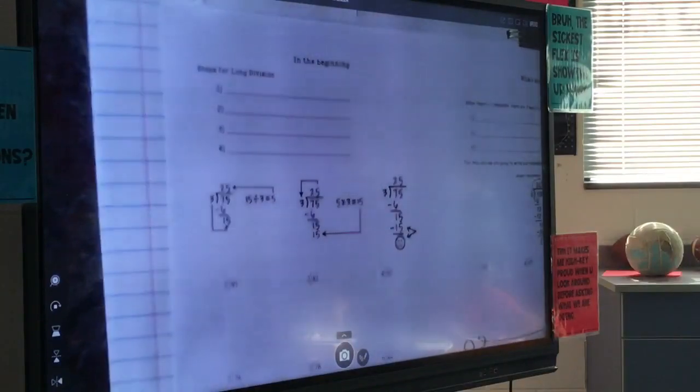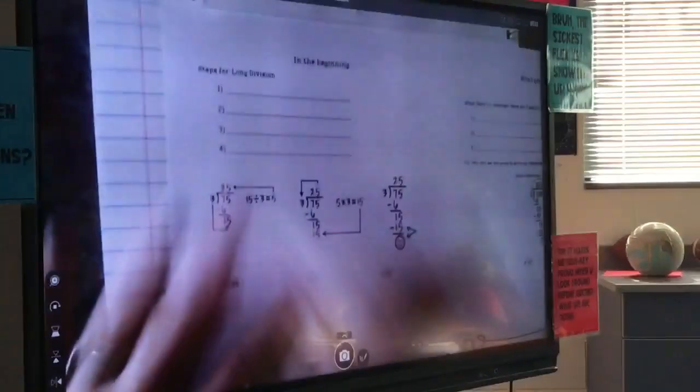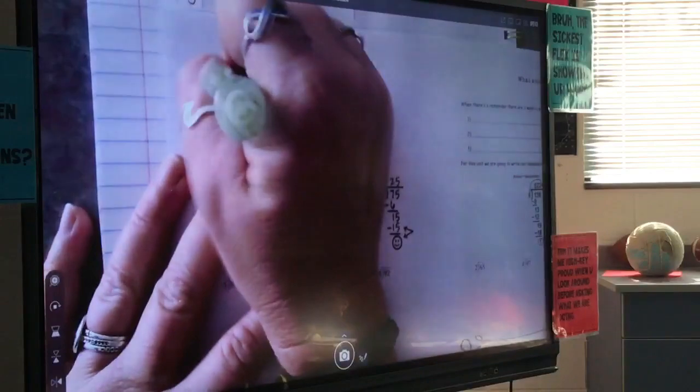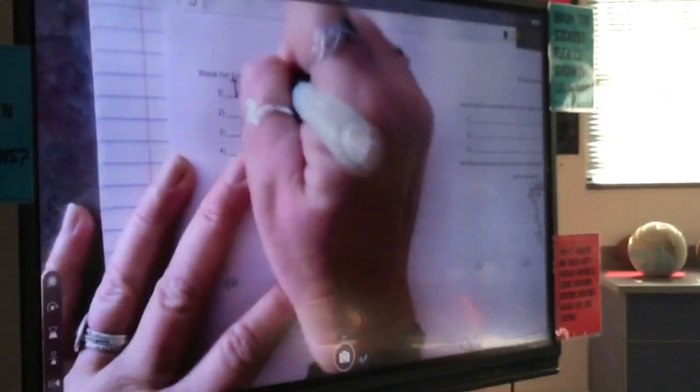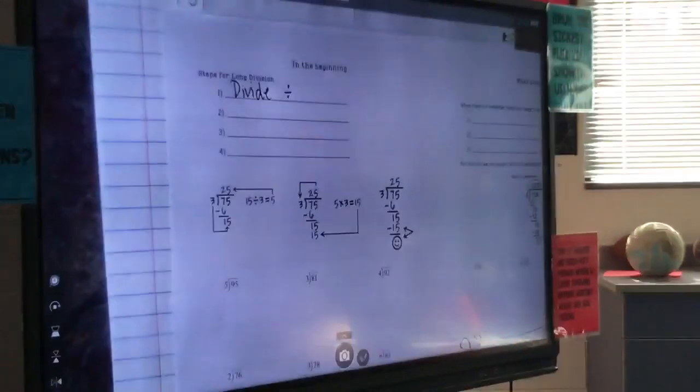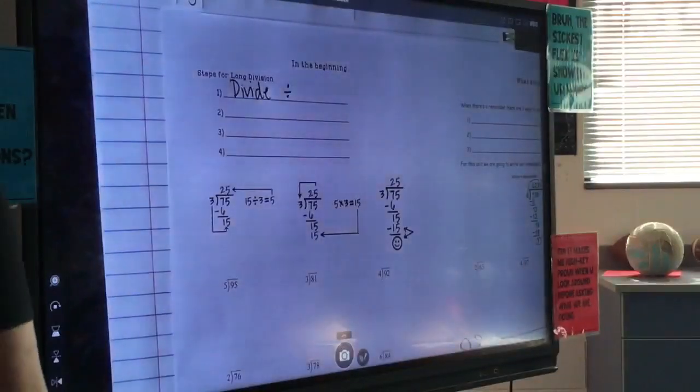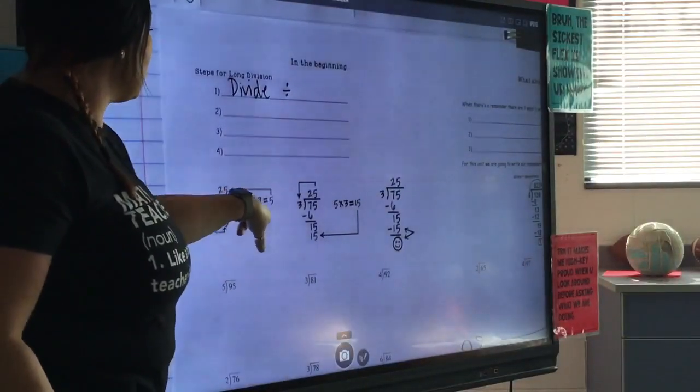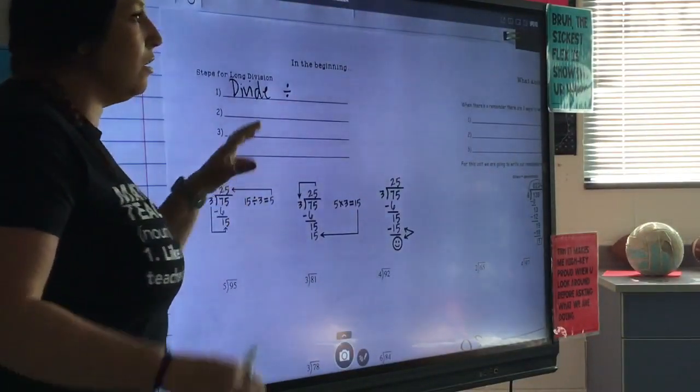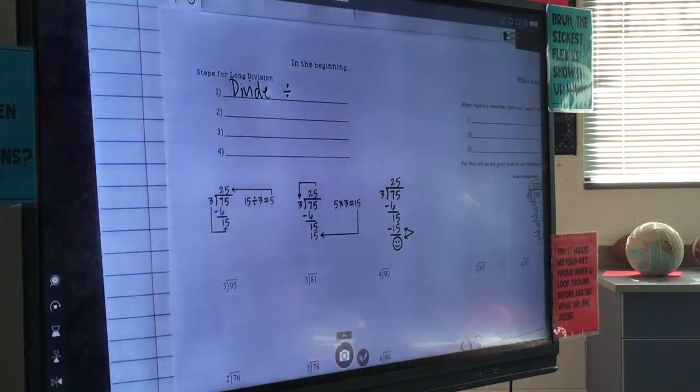All right, so the steps for long division are obviously the first step is you're going to divide. You will not be dividing like this. We're going to be doing the division house, whatever you want to call that thing, the house. We're going to be using that to do long division. So no horizontal division, just the long division house.